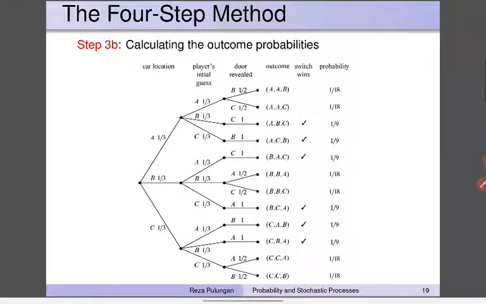These are the switch wins. So the player decides to switch and wins the game. ABC, ACB, BAC, BCA, CAB, and CBA. Now, each one of them occurs with probability 1/9. So this is basically our catch. Why the probability is not equal to 1/2.